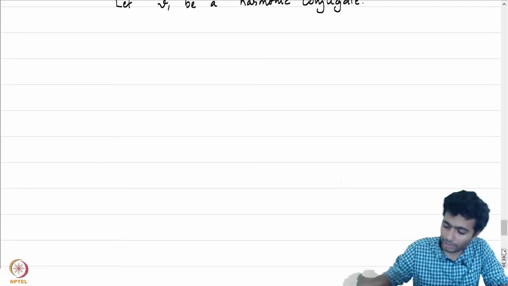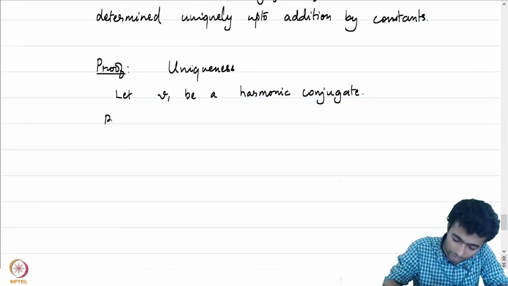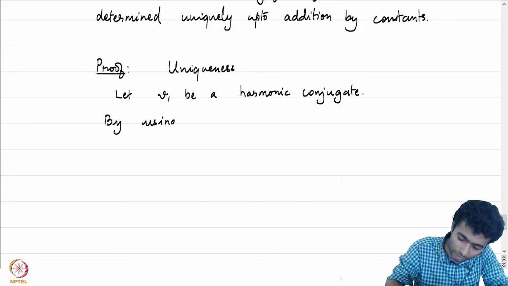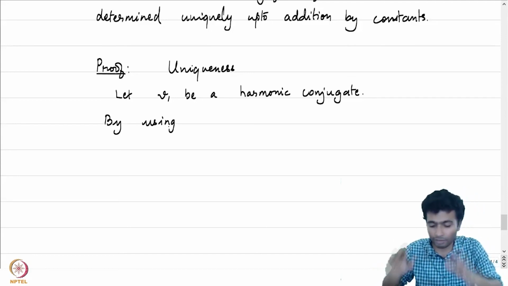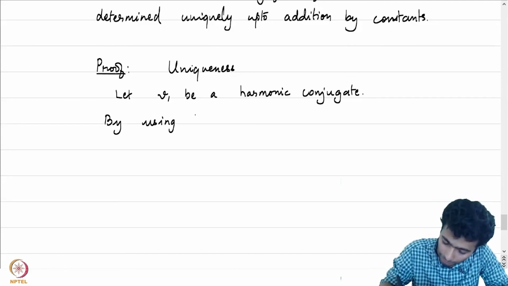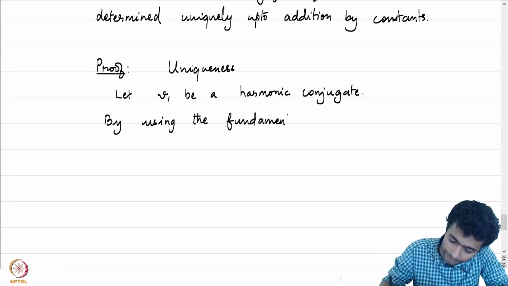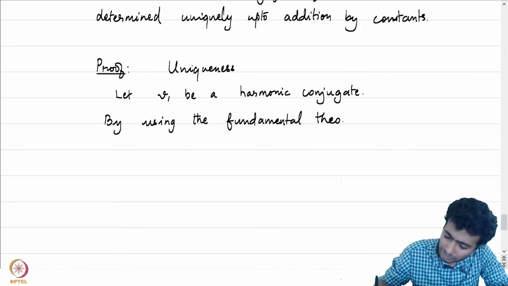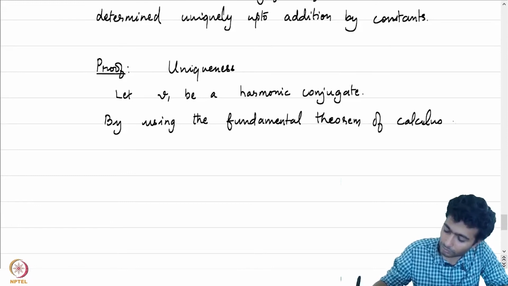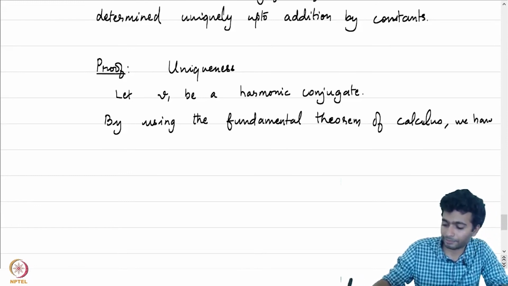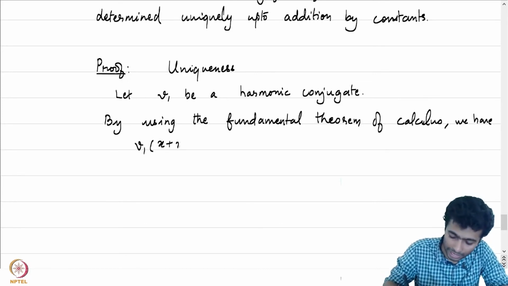So, if I am to write the following by the fundamental theorem of calculus, both in the direction of the x-axis and in the direction of the y-axis, we will be using the one-dimensional version in a slightly disguised form. We have V1 of z, let me write z to be x plus iy.